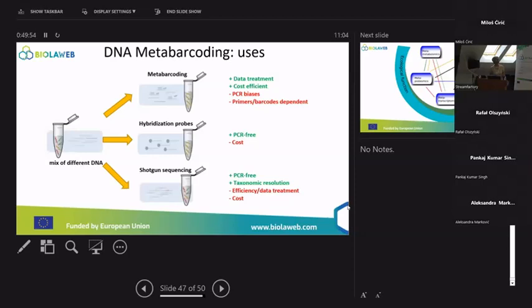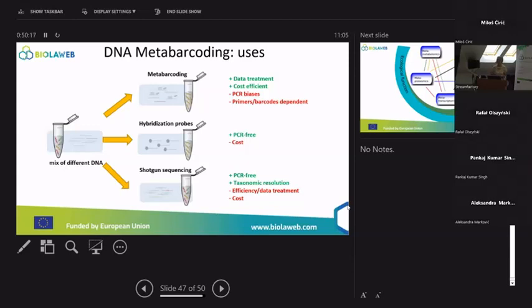For metabarcoding, I think it's very interesting because the data treatment, as you will see here and later maybe in another training, is quite easy to do. It's also cost efficient because it's a high throughput method.